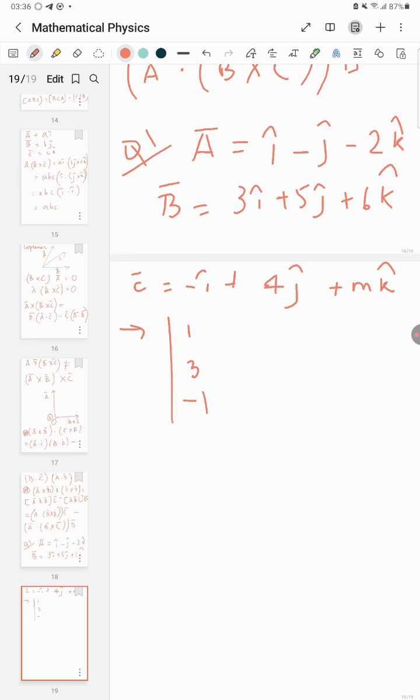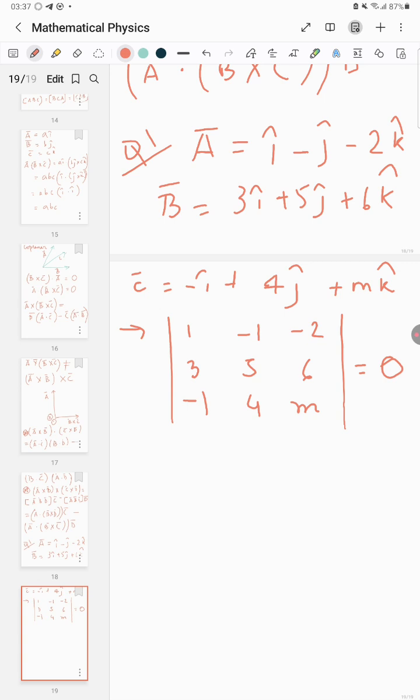What is the coefficient of j? It is minus 1, 5 and 4. What is the coefficient of k? It is minus 2, 6 and m. And this should be equal to 0, and only then will A, B and C be coplanar.